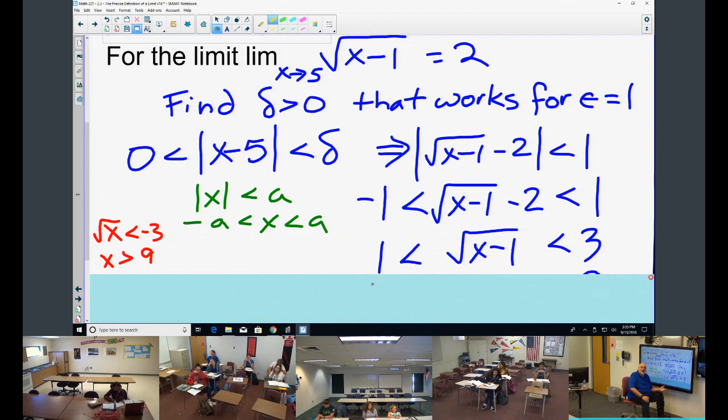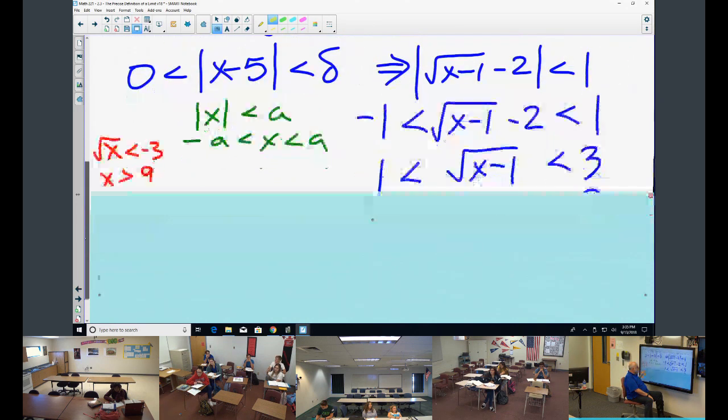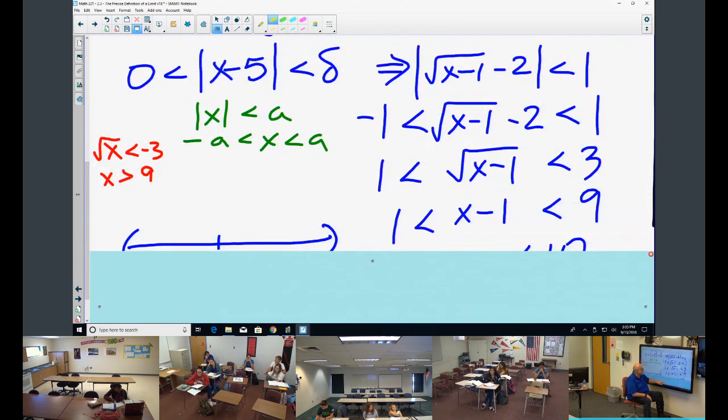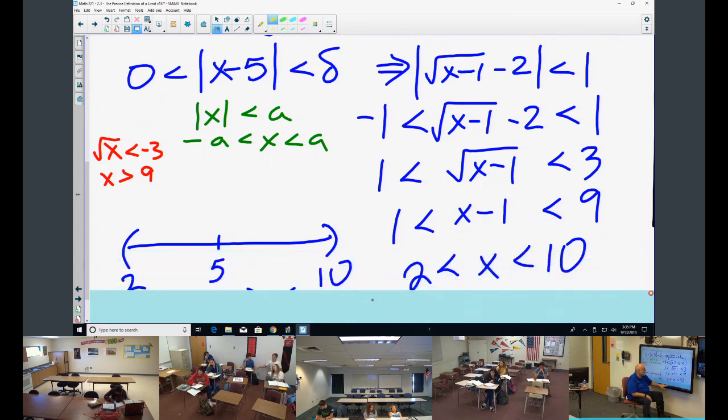So when we square it, we're not changing anything. When we square everything, I'm going to get 1 is less than, then this will come out of the radical, is less than 9, as we square the 3, and then finally add 1. So now this is my interval.